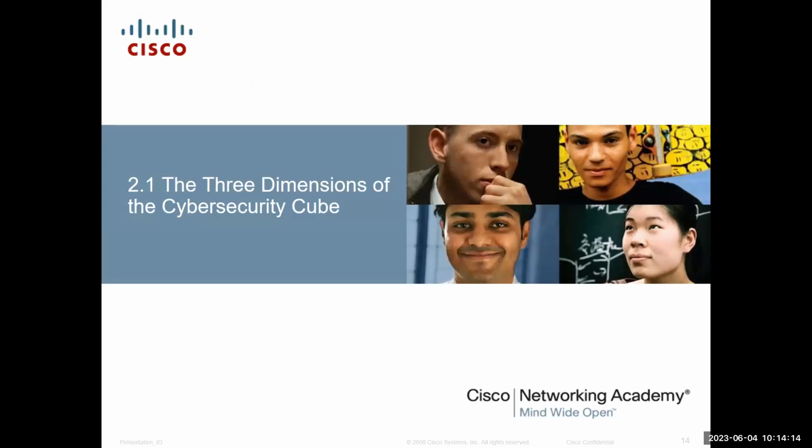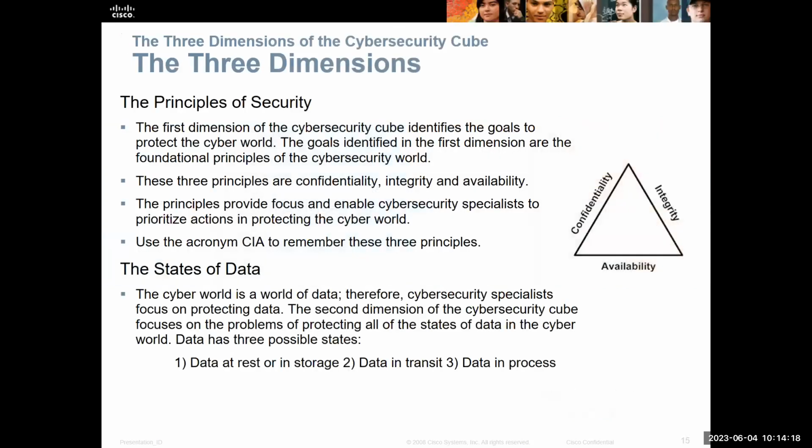So going forward, we are going to start with the 3 dimensions of the cybersecurity cube. In cybersecurity, if you can remember, we are dealing with a lot of data, right? Because we are dealing with a lot of data, organizations collect data of different entities, partners, clients, and what have you.